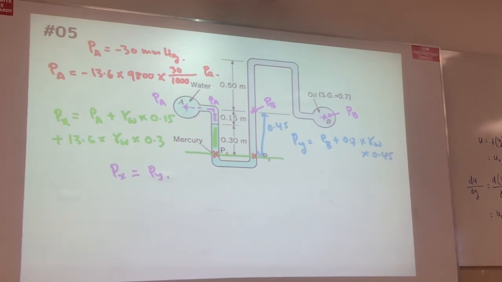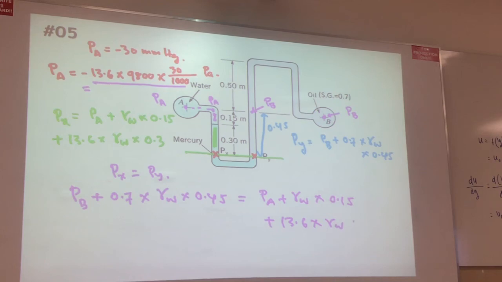Then I can write PB plus 0.7 times gamma of W times 0.45 is equivalent to PA, right? PA, this value we can plug in here: gamma of W times 0.15 plus 13.6 gamma of W times 0.3.